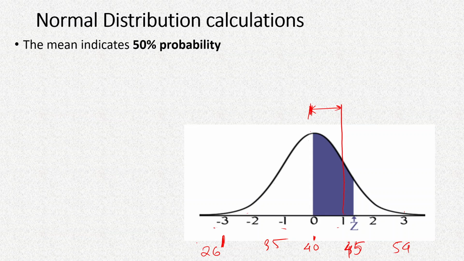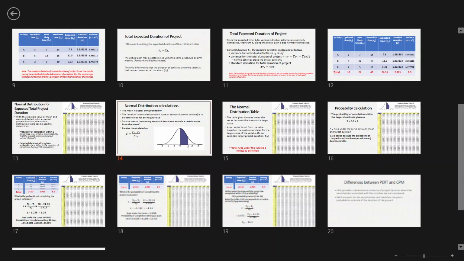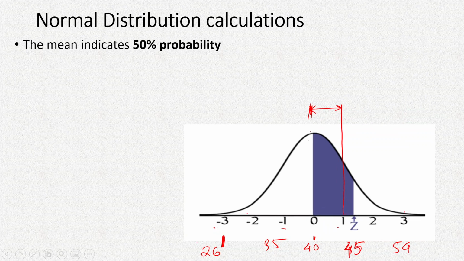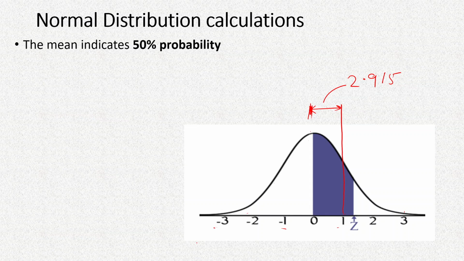That means the standard deviation in our case, which we calculated, if I remember correctly, in this table, standard deviation was 2.915. So here this value is 2.915, and let's take our actual example, and our mean was approximately 24.33.